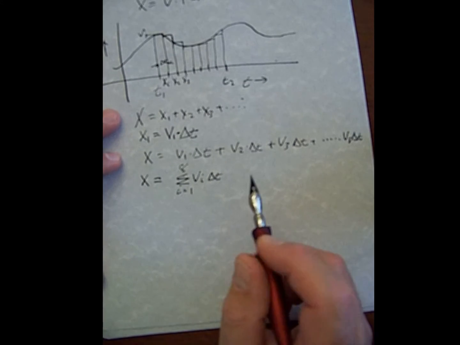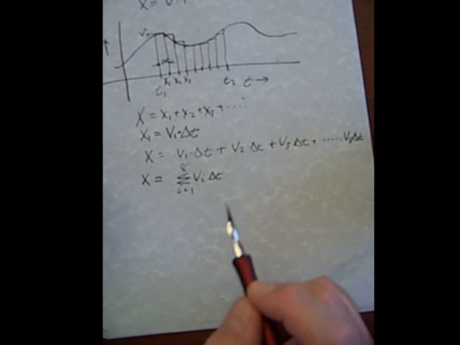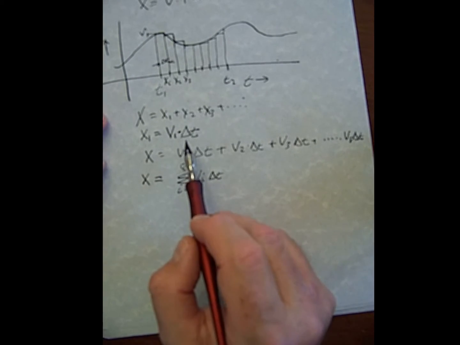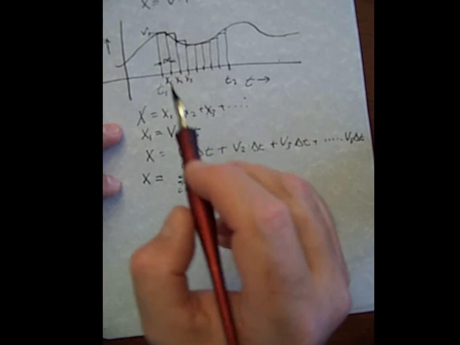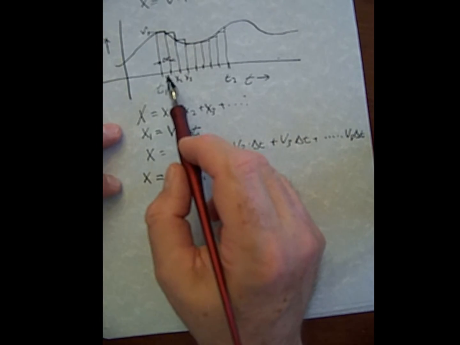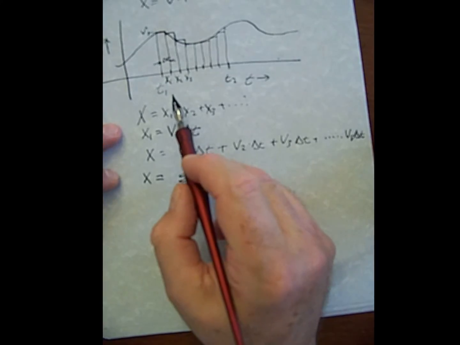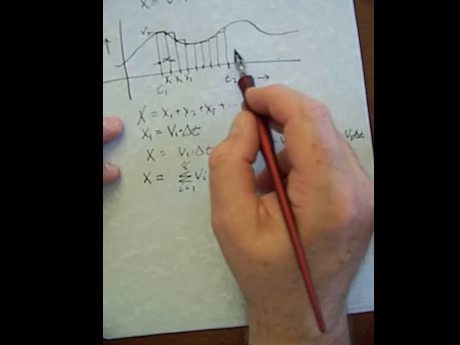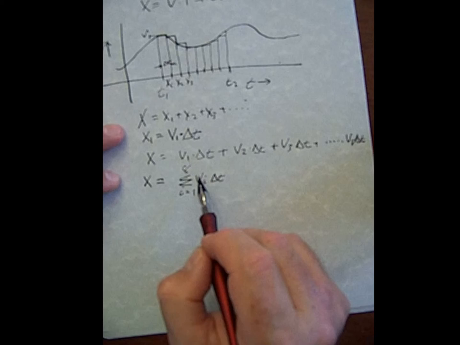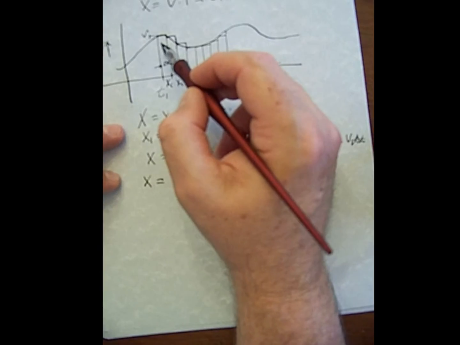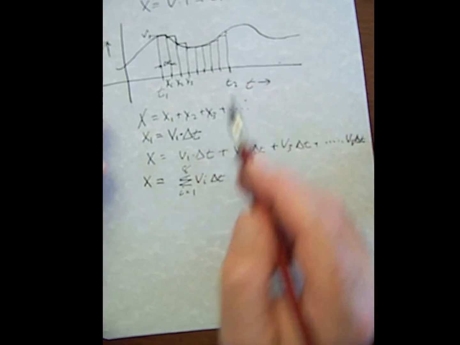So we're going to do something similar to what we did when we were looking at instantaneous velocity, and that is we're going to make our delta t's get very, very small. As delta t gets smaller, we have more and more slices, until eventually as delta t approaches 0, we have an infinite number of slices. And our average velocity during a slice approaches our instantaneous velocity.